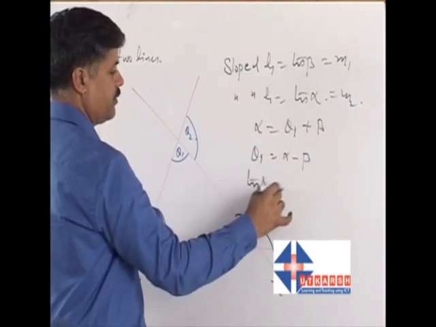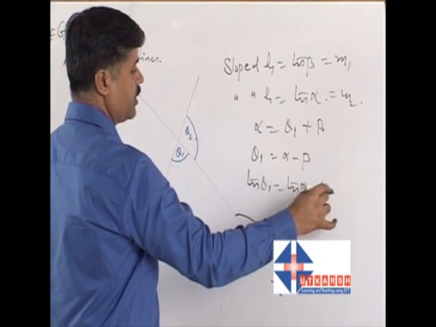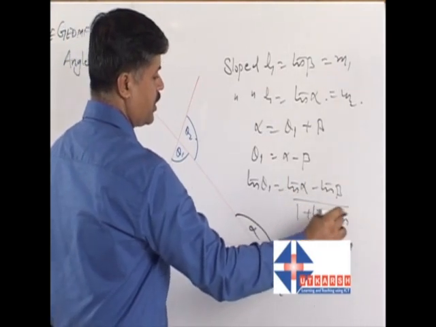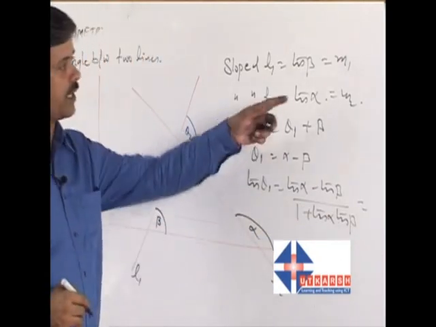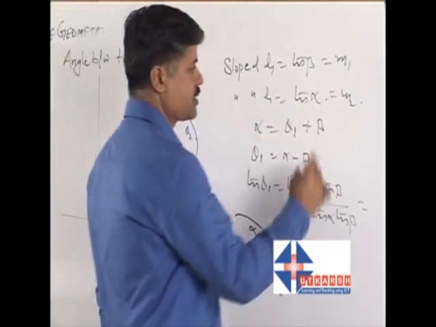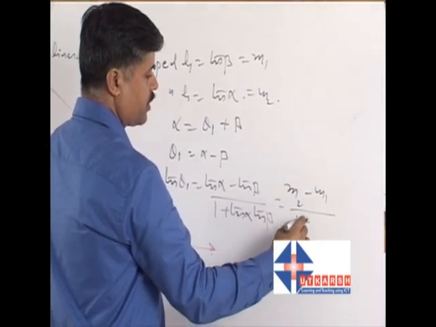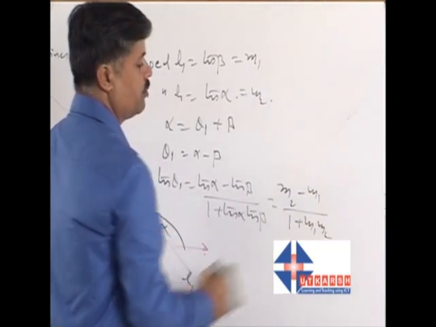Then tan theta 1 is equal to tan alpha minus tan beta upon 1 plus tan alpha tan beta. Put the value of tan alpha and tan beta, that is tan alpha is M2, so M2 minus M1 upon 1 plus M1 M2.